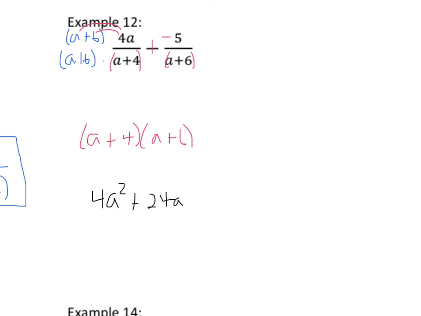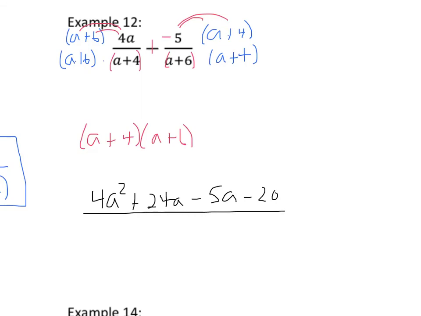The second fraction needs the a plus 4. And again, remember that we have to distribute through that binomial, which would give us a negative 5a minus 20.